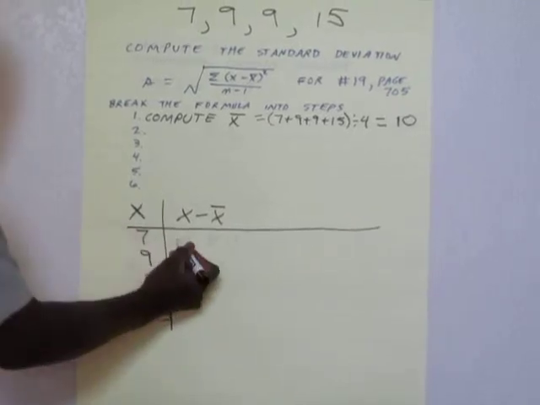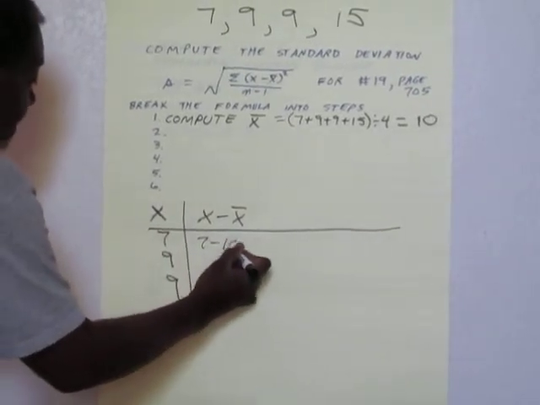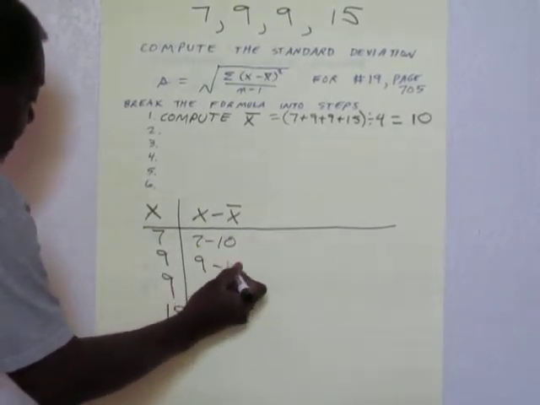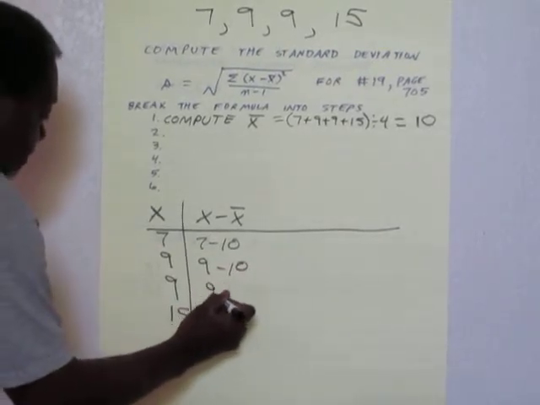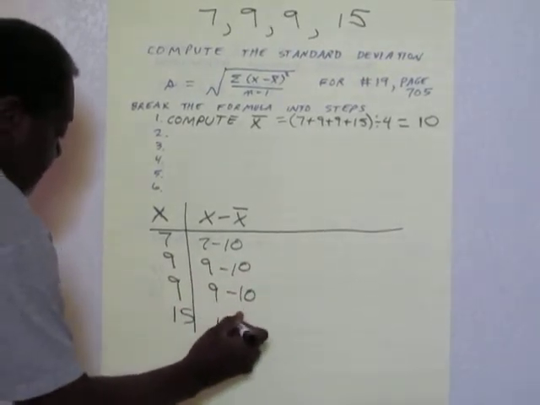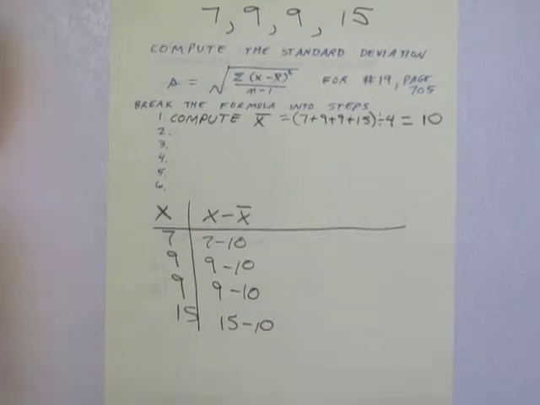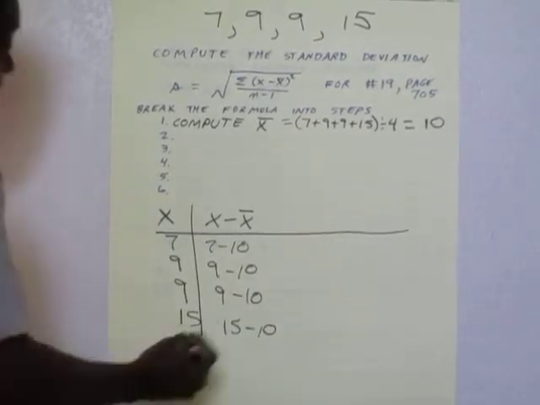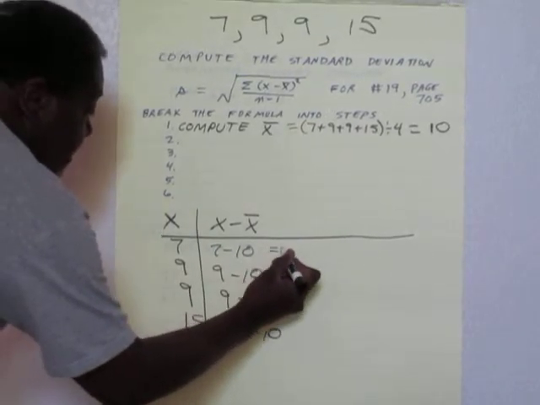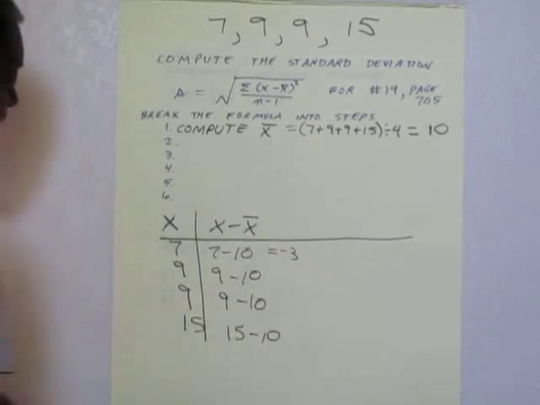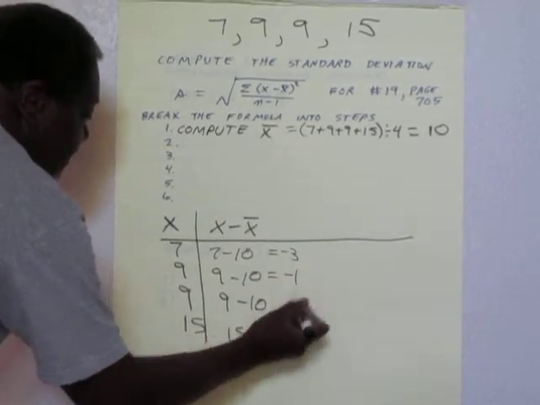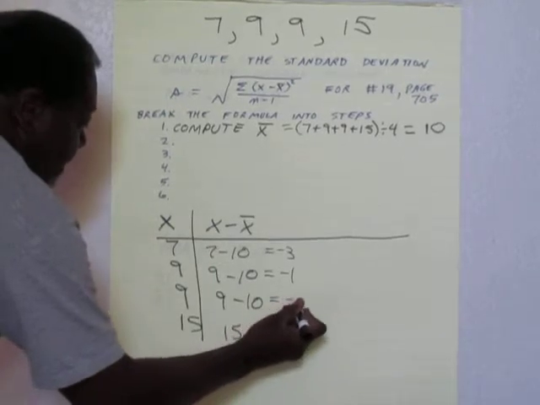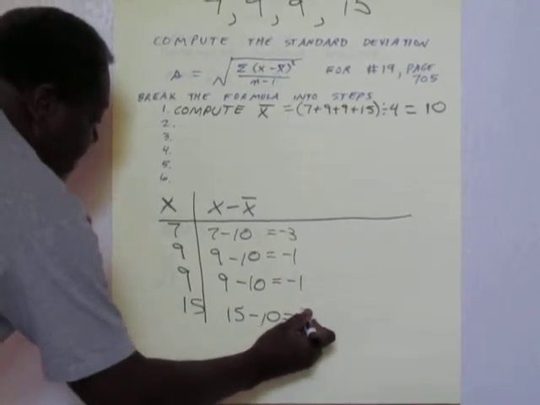The deviations: 7 minus 10, 9 minus 10, 9 minus 10, 15 minus 10. Each number minus the mean. 7 minus 10, that's negative 3. 9 minus 10 is negative 1. Negative 1 and 5.